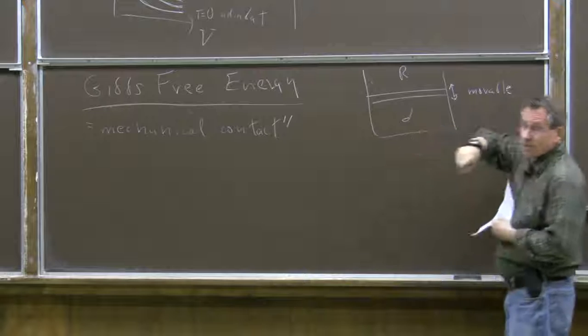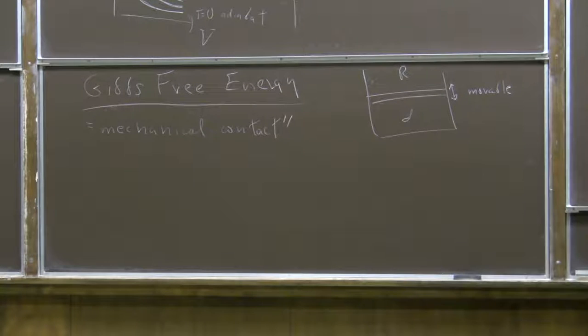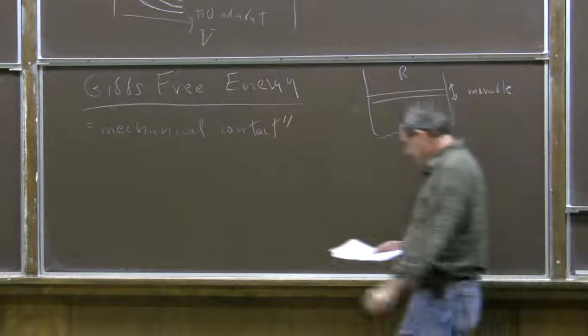Right? So in the case of thermal contact, there was some conserved energy shared by system and reservoir, so that whatever energy the system gained, the reservoir lost, and vice versa. Similar for diffusive contact, there's some conserved number of particles shared by system and reservoir, so if the system gains particles, the reservoir loses them. So here we're saying the same thing about volume.